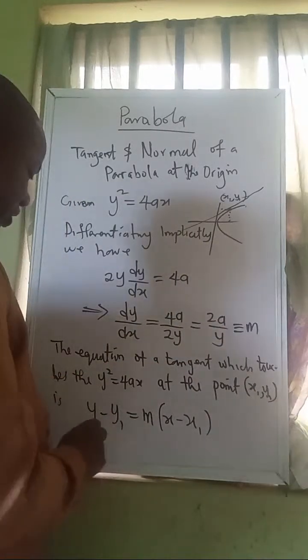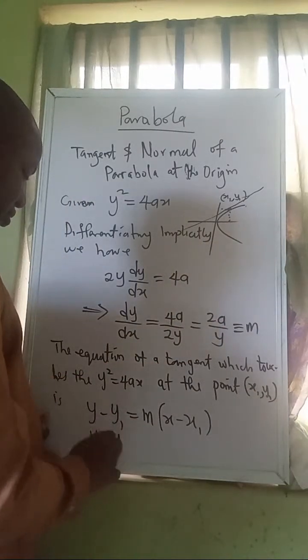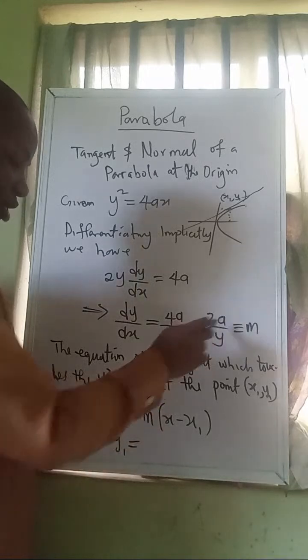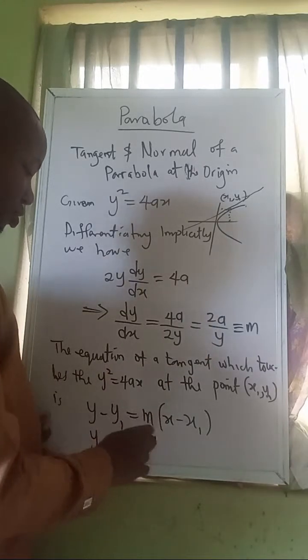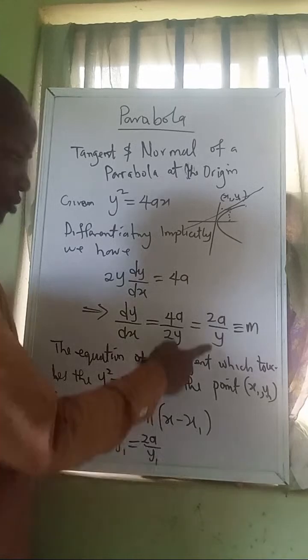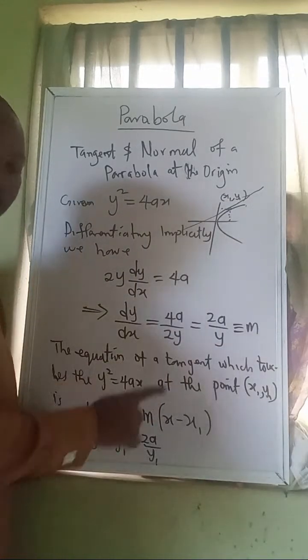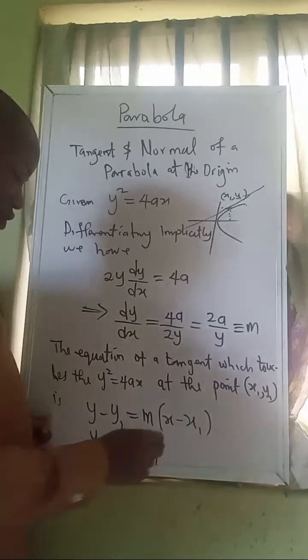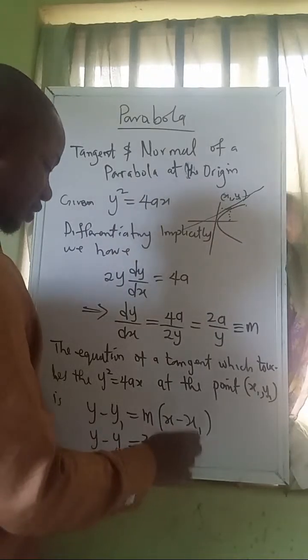So we can replace this as thus. If we replace this m here, this will be 2a all over y1, because the point here has been stated as y1, and this is times x minus x1.